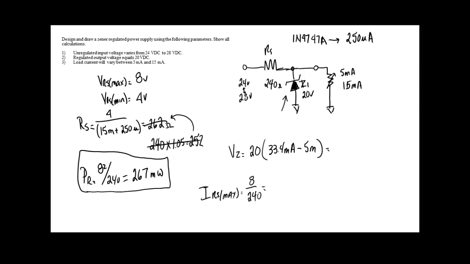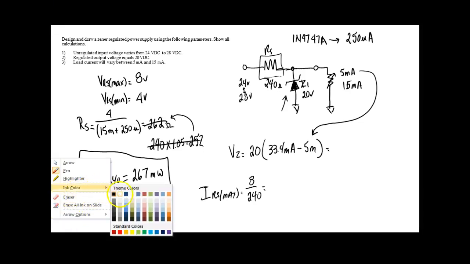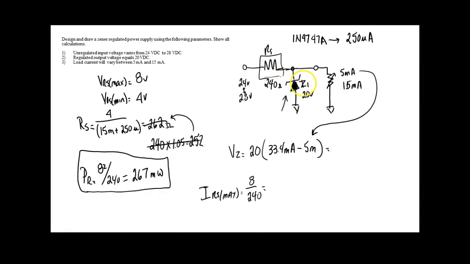Right up here. The formula is, there's I load minimum, and what we do is we calculate the maximum current flow that's in that resistor. What we're trying to get is the maximum current that would ever flow through that Zener. And so what happens is we look at our laws, and I'm not going to draw current flow.